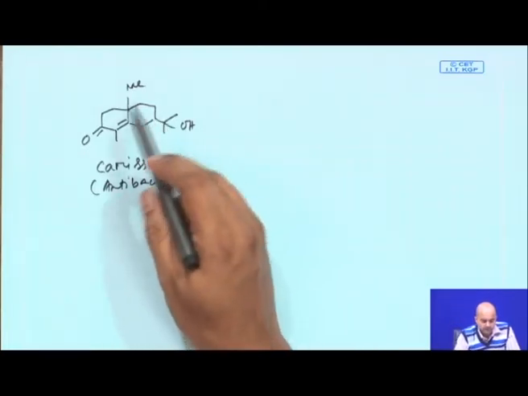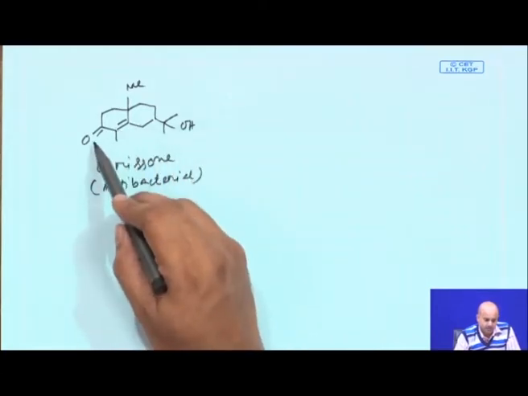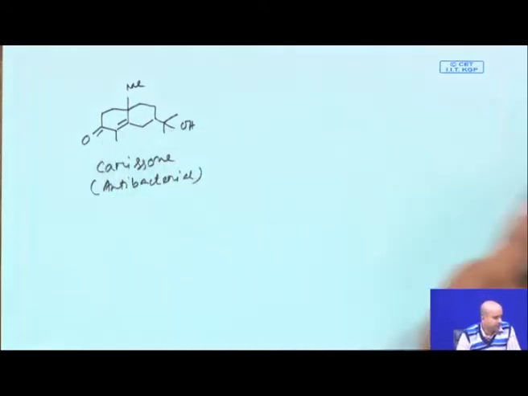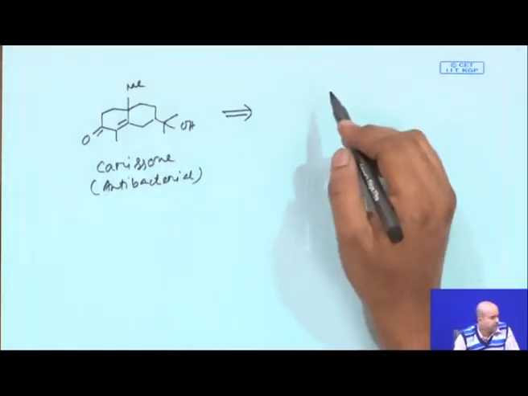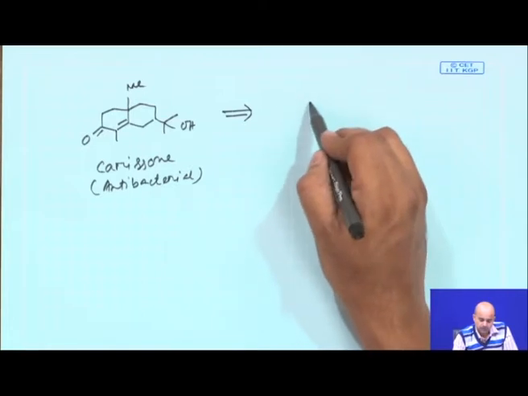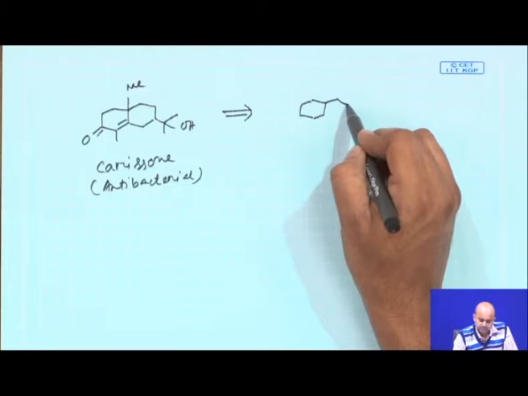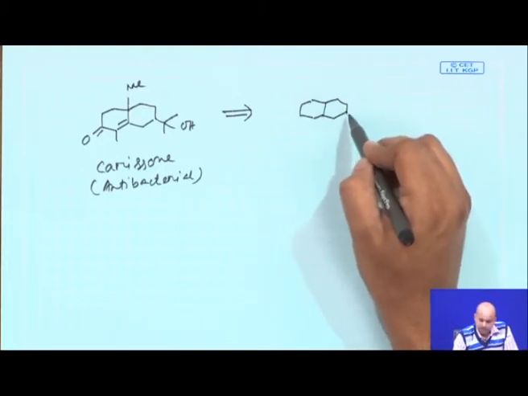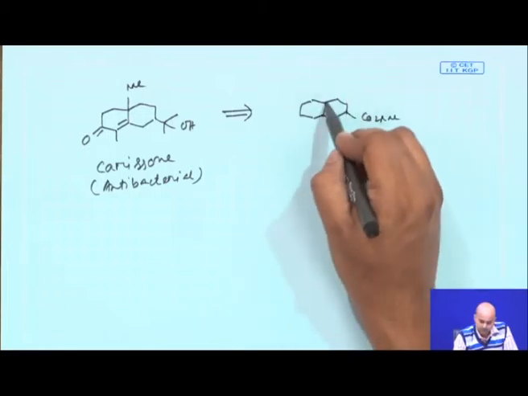Now, if you see, the structure is a bicyclic compound, with one end having an alpha beta unsaturated ketone and the other end having a tertiary alcohol. The starting material was also given to you, fine.